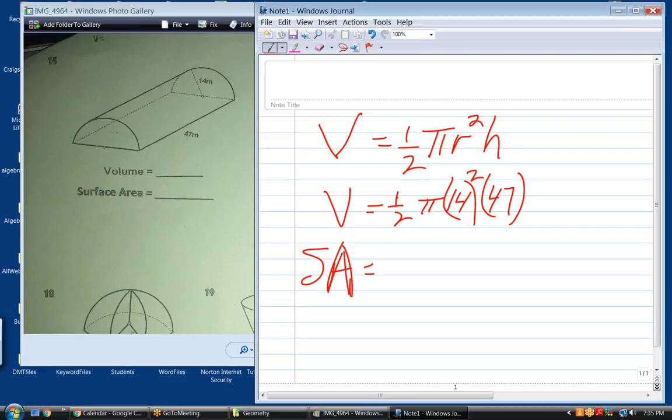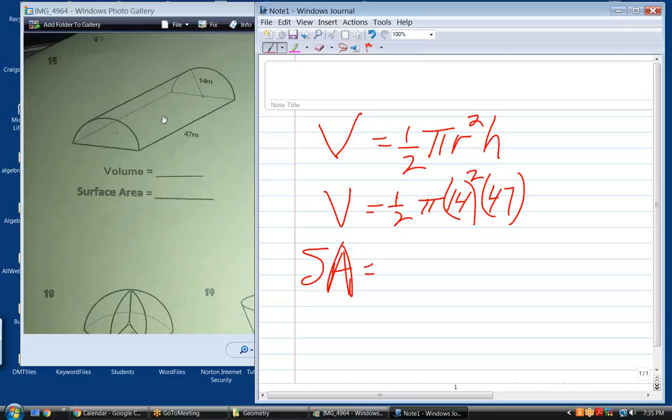We can't take the surface area of a whole cylinder and cut it in half, because the flat base that it's on, we're going to have to count that. Whereas if we had an entire cylinder, there wouldn't be any bottom portion to it. So we're going to have to break this up into pieces.